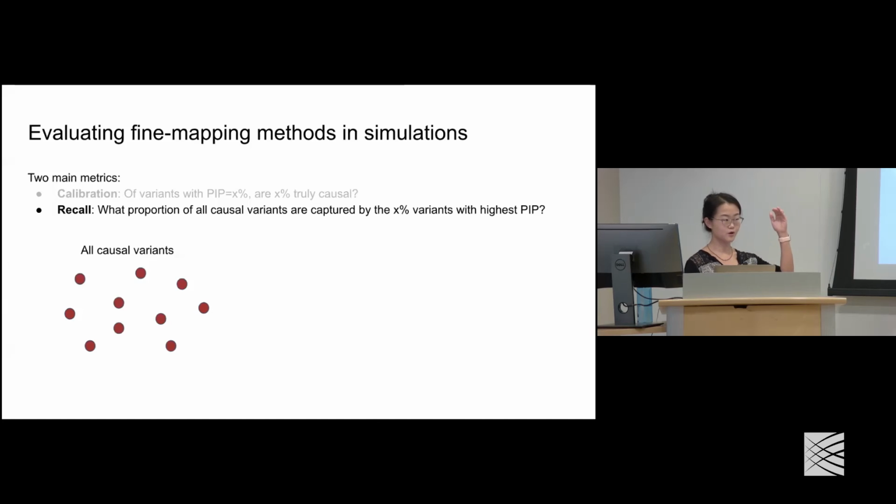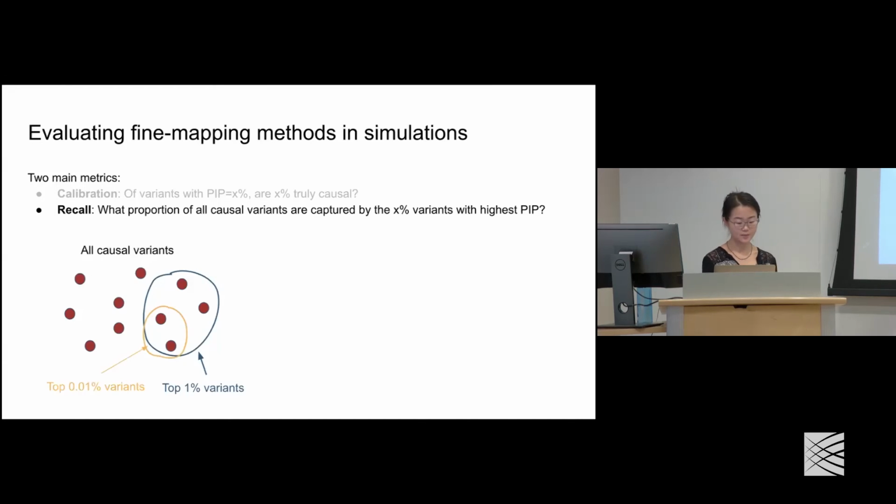You rank them from high to low based on PIP, and you take the top, say, 1% of the variants you have fine mapped. And you look at the truths, you find that you captured 4 out of the 10 causal variants that you simulated. So the recall here is 40%. And if you take the top 0.01% of variants, you capture 20% of all the causal variants.